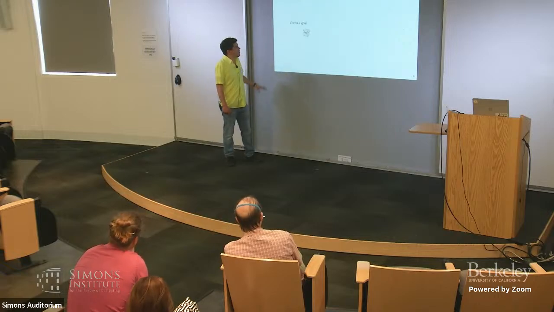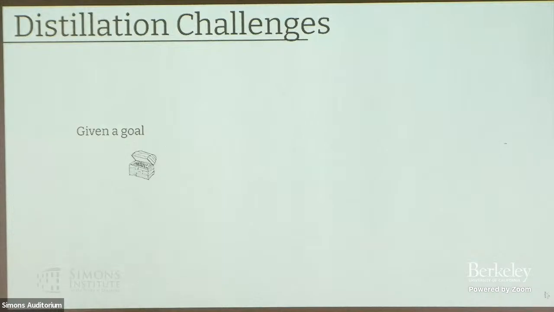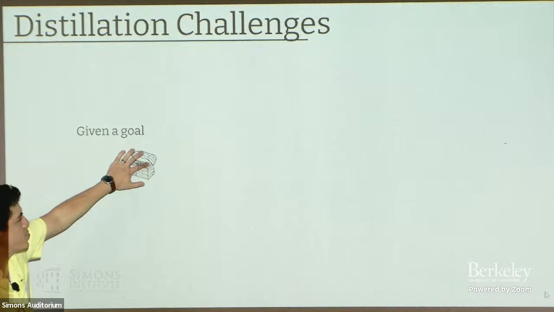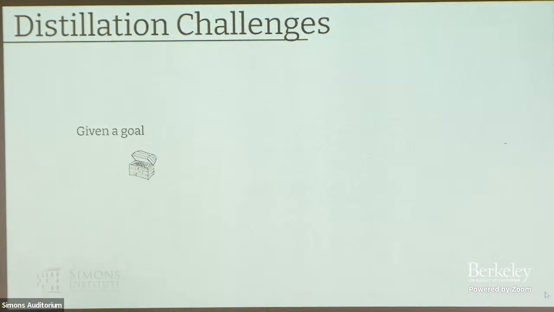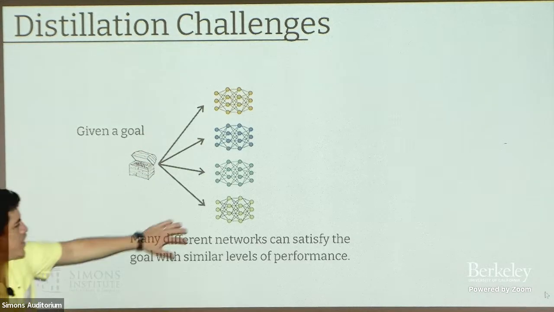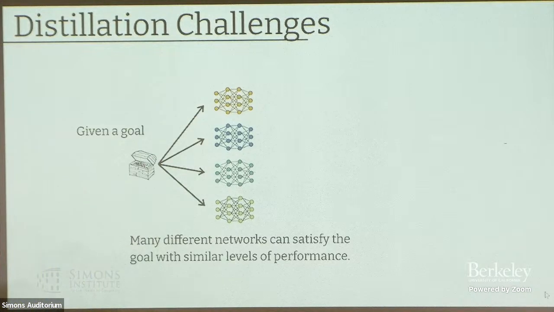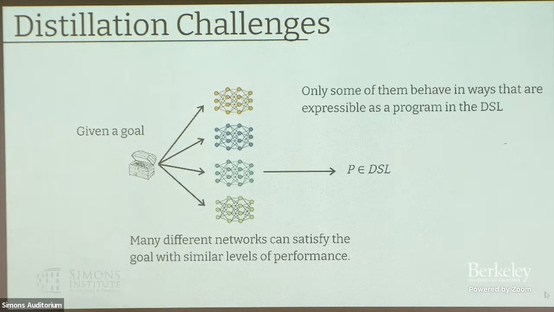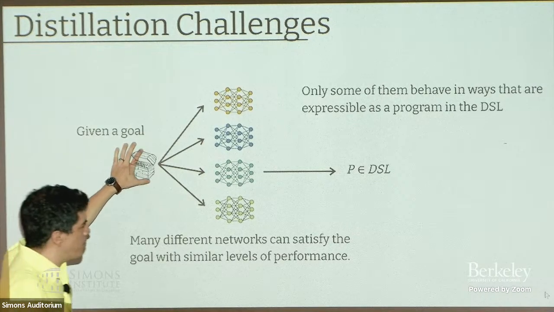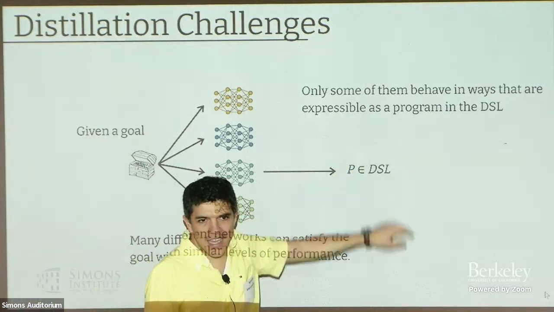Now, in general, when you do distillation, one of the big challenges that you run into is, okay, you have a goal, and there might be many different networks that satisfy the goal with similar levels of performance, right? There's lots of policies that you can choose that all work pretty well. But not all of them behave in ways that are expressible as a program in the DSL, right?